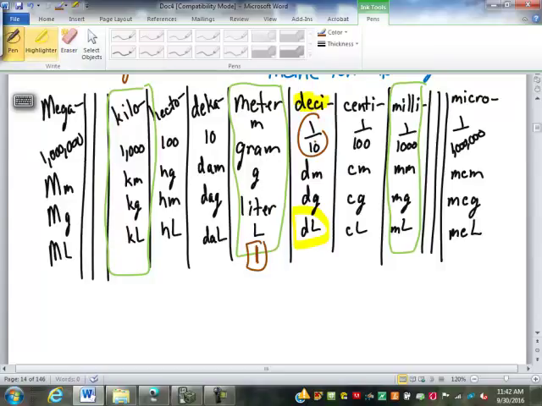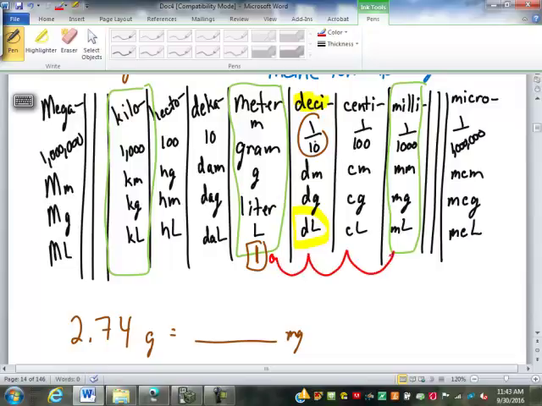And I can actually use this chart to do my conversions. If I have 2.74 grams and I want to know how many milligrams that is, I can look at my chart and say, here's grams right here. Milligrams is 1, 2, 3 spots to the right. So to convert, I have to move my decimal point 1, 2, 3, add a 0, spots to the right. 2,740 milligrams.